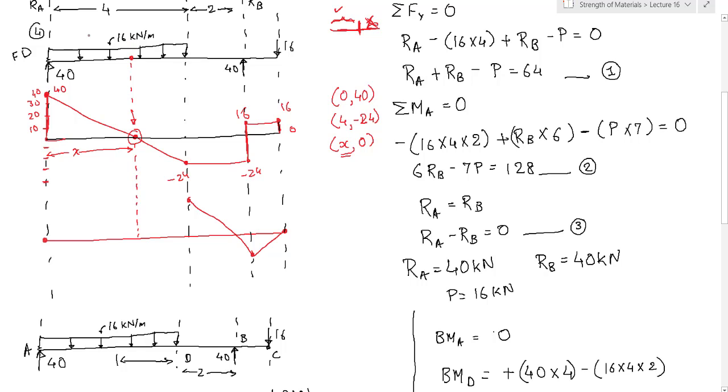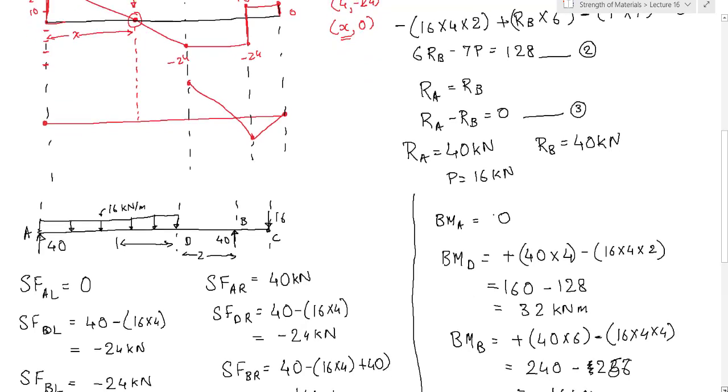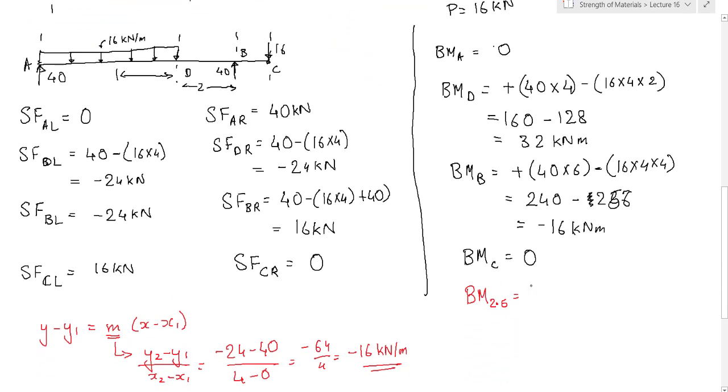So see how that will work. Here I will just write it below. I am writing it like 40 is producing, so plus 40 into 2.5 minus 16 into 2.5, and it will be acting at half the distance of 2.5 because it is uniformly distributed.